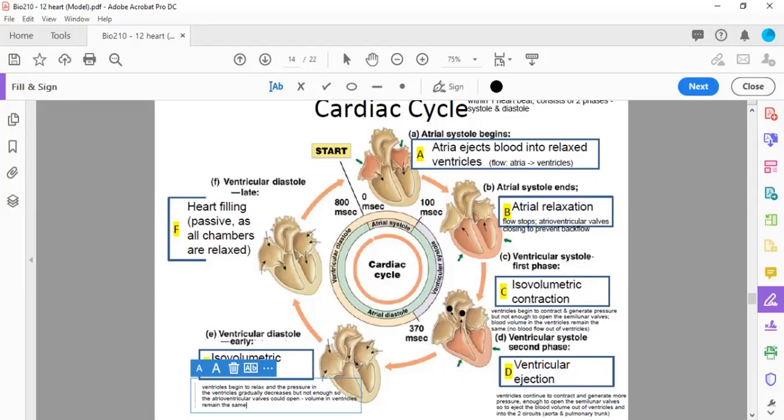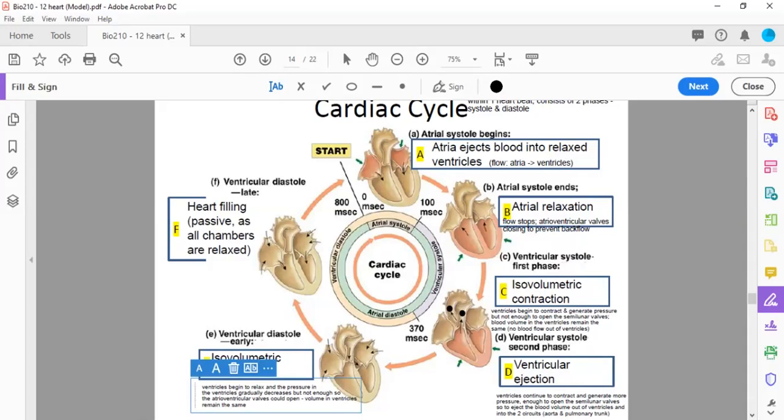So what that means is this isovolumetric relaxation just means that the ventricles begin to relax and the pressure in the ventricles gradually decreases, but the pressure is still high enough that the atrioventricular valves remain closed. And for that reason, the volume in the ventricles remains the same.